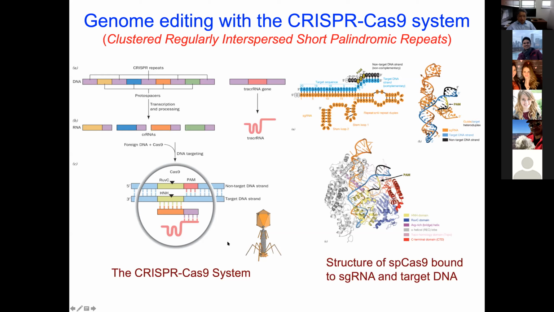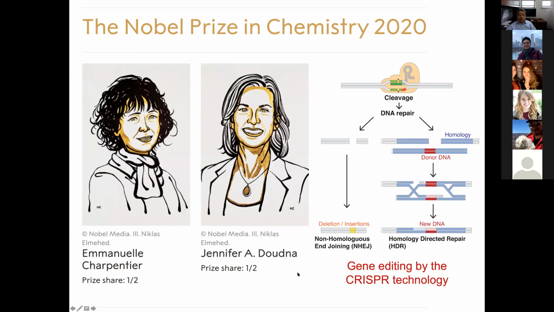So this is a pretty recent discovery, in the study of how bacteria fight against virus. And actually, Jennifer Doudna at UC Berkeley and Emmanuelle Charpentier, who I believe is at the Max Planck Institute, studied this for a couple of years, and they came up with the idea of using this enzyme to modify DNA.